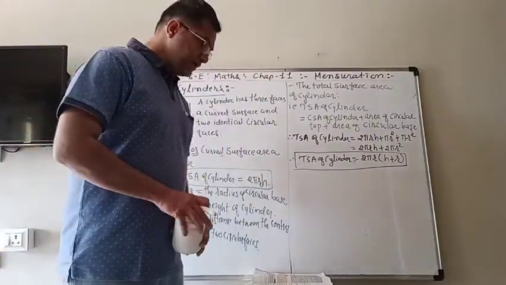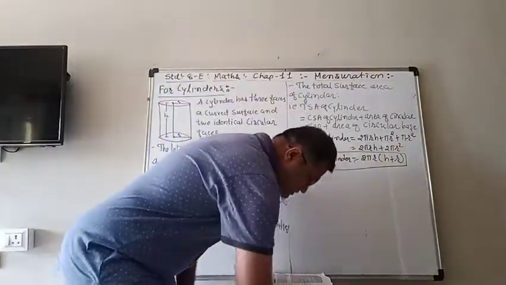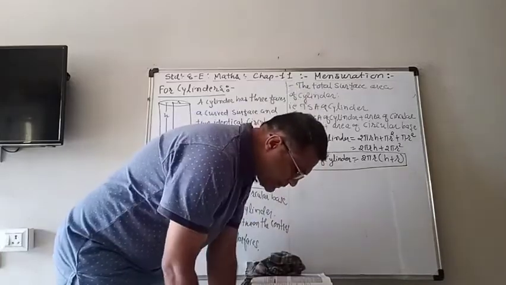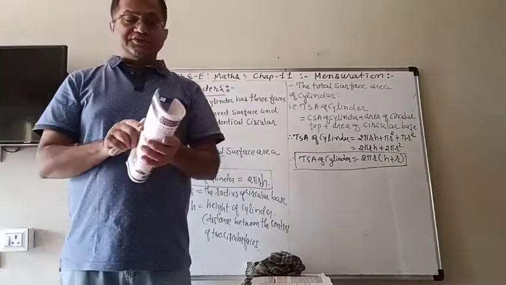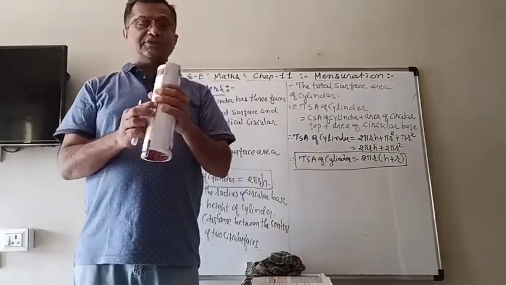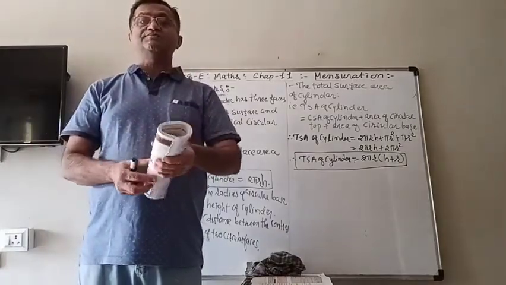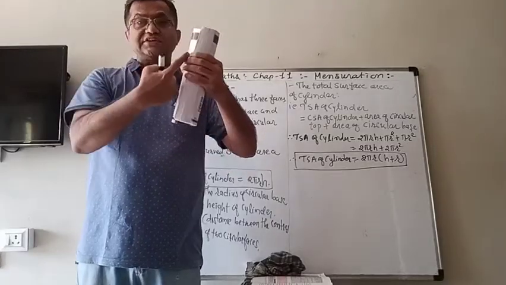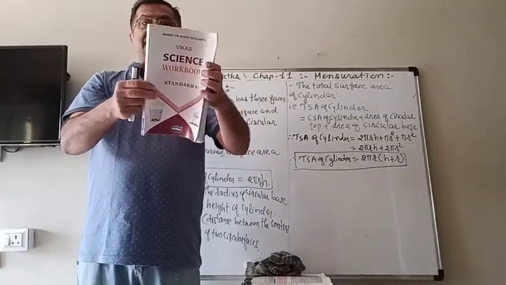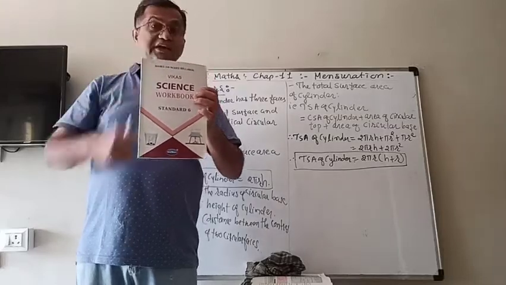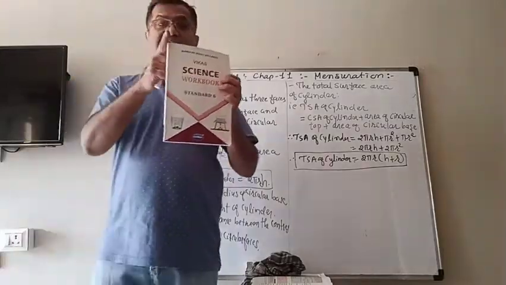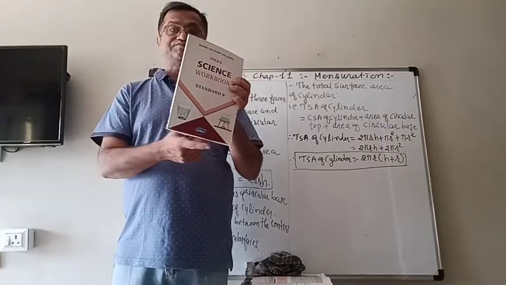Now if you imagine that this is a cylindrical thing, and you cut it along its height, then what will happen? It will open up and make a rectangle. What is the area of a rectangle? Length multiplied by breadth.